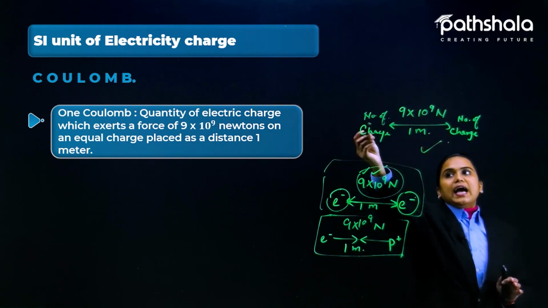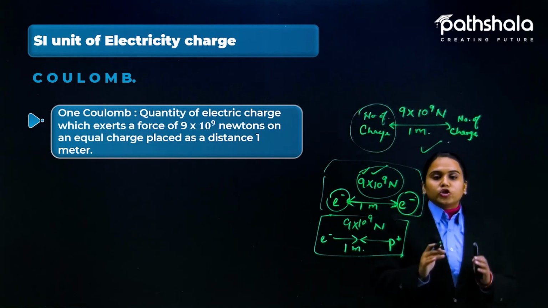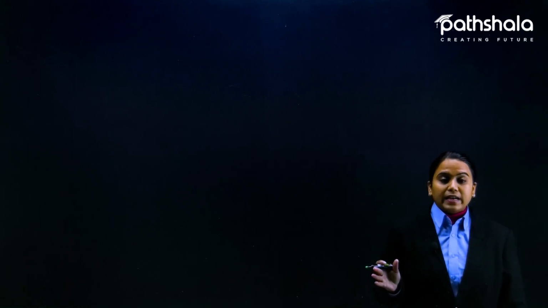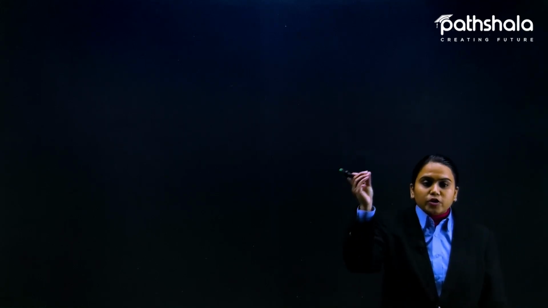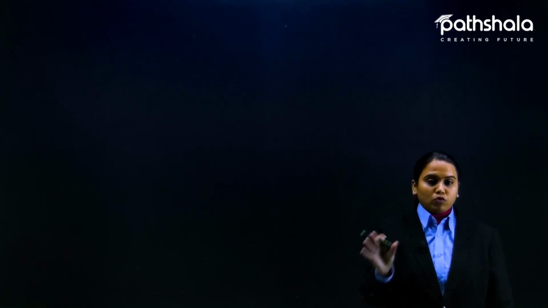Then we can say that 1 coulomb of charge is present. So here is the measurement: some amount of charge particles should be present that will exert 9 multiplied by 10 to the power 9 newtons of force.